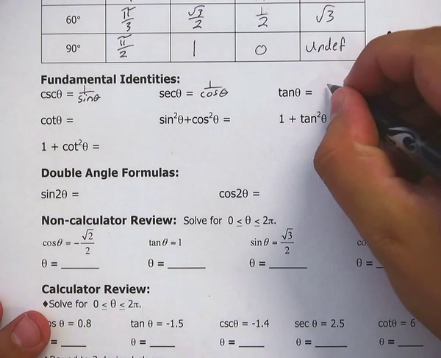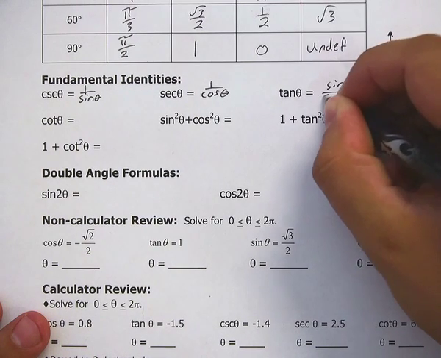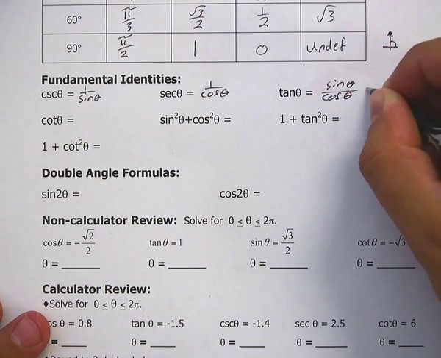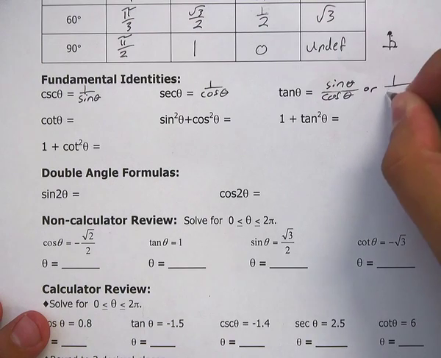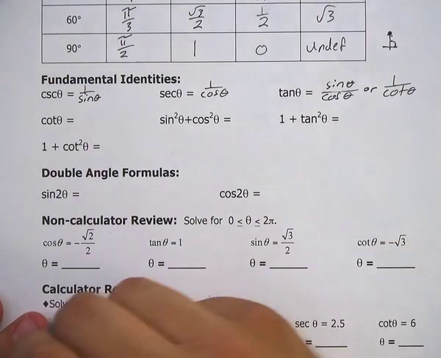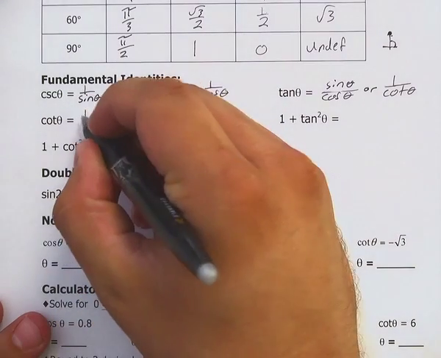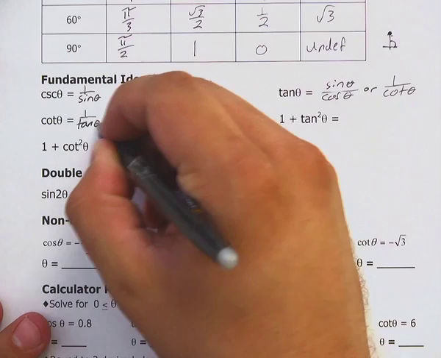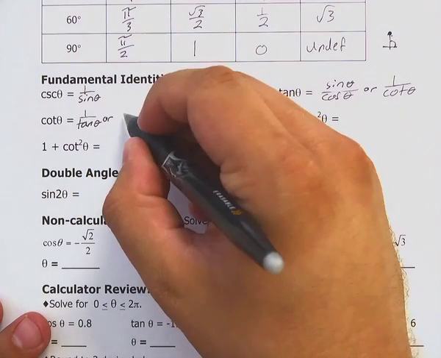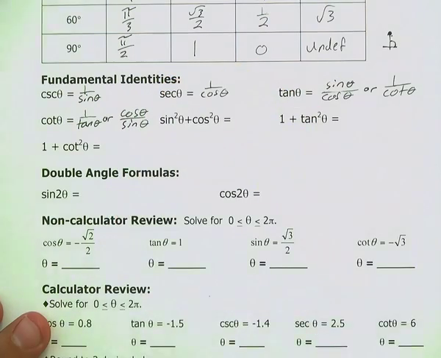Tangent is going to be sine theta over cosine theta, or you could write it as 1 over cotangent theta. Therefore, cotangent theta, if you kind of extrapolate that, would be 1 over tangent theta, or cosine theta over sine theta, right?